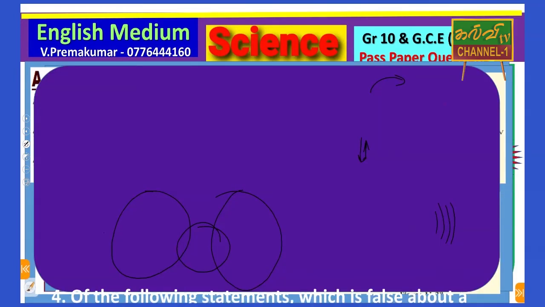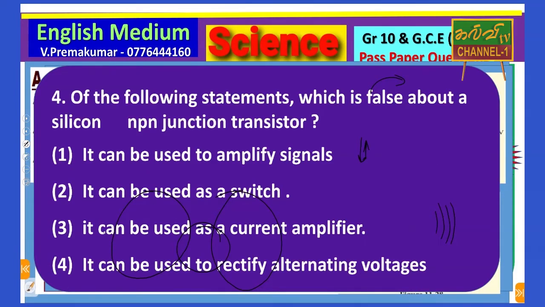Now come to the question, right? According to this question, what is the answer? Of the following statements, which is false about a silicon NPN transistor? It can be used as a signal amplifier, it can be used as a switch, it can be used as a current amplifier, it can be used to rectify alternating voltage.